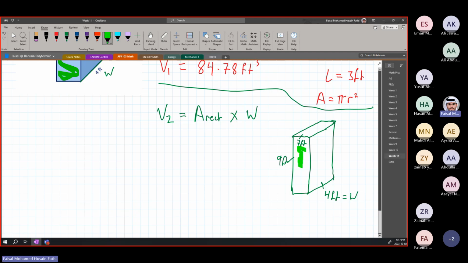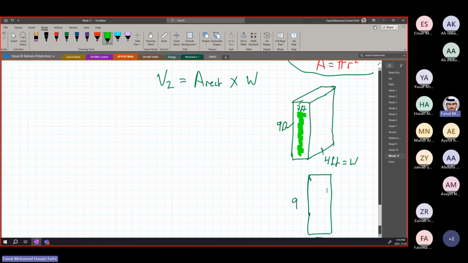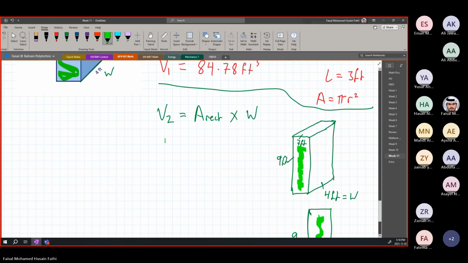This is the shape we're looking at. So what is the area of that shape? If I redraw just that part, this is 9, this is 7. Area is equal to 9 times 7. Simple. Okay, this is just the same shaded area as the one we saw up top here.